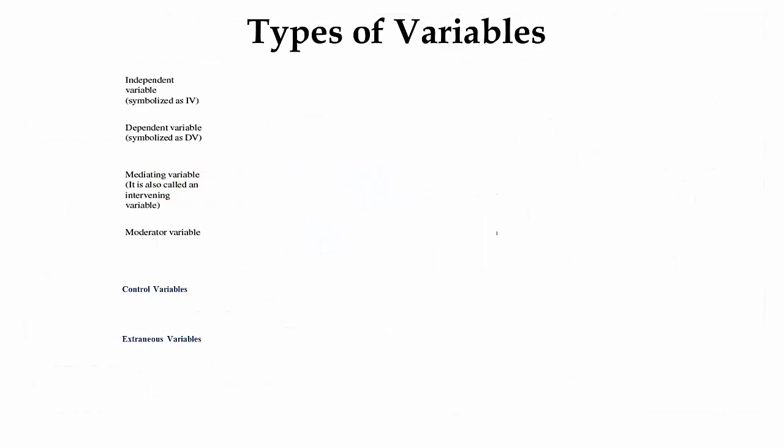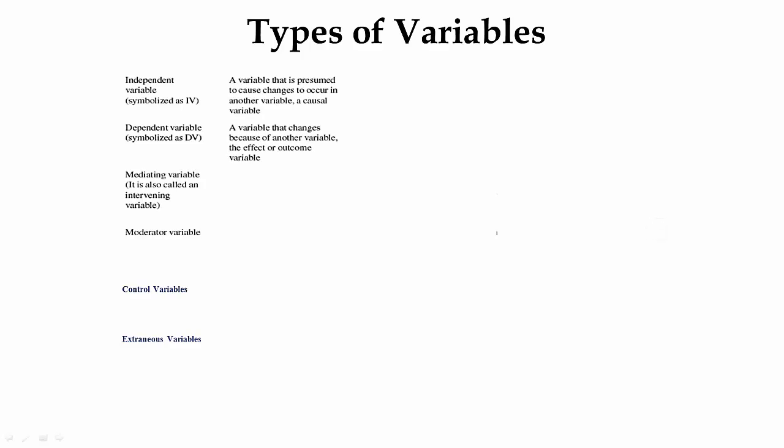Now, variables come in a variety of shapes and forms. There are independent, dependent, mediating, moderating, control, and extraneous variables. An independent variable is one which is presumed to cause changes to another variable.